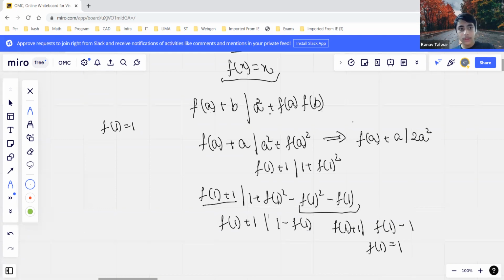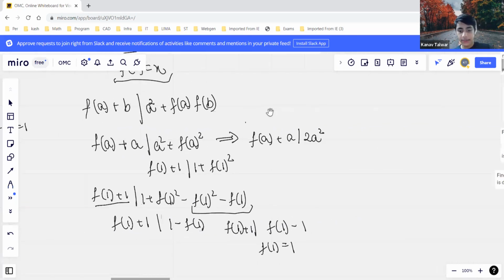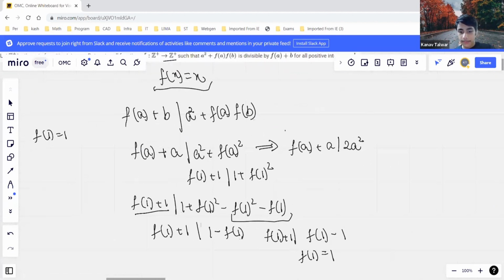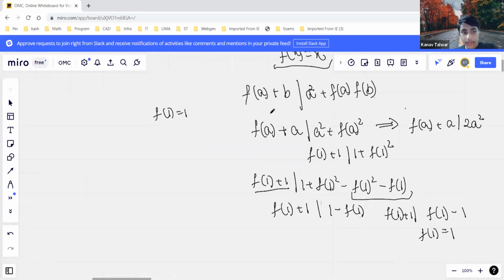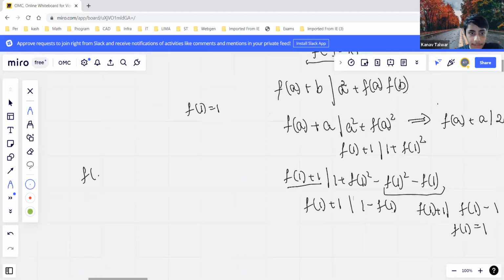And for this proof, we'll just do the exact same argument. That is, we first have that f of a plus a divides a squared plus f of a squared minus f of a times f of a plus a. This is again because f of a plus a divides this thing and thus must divide its difference.